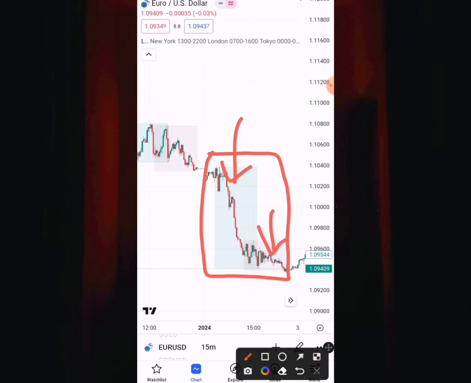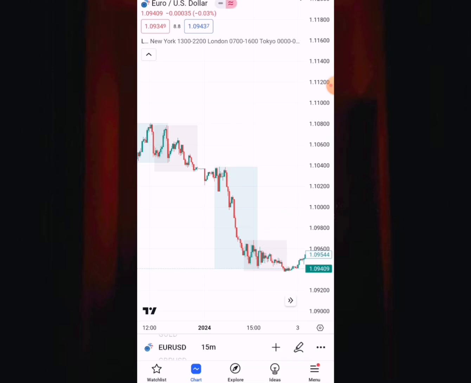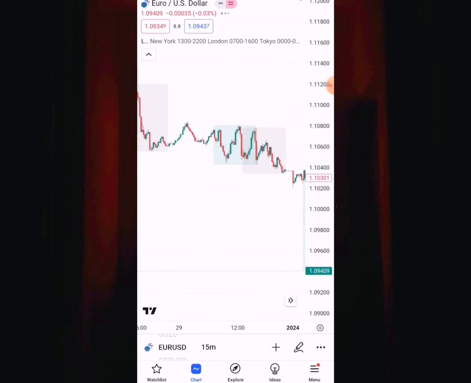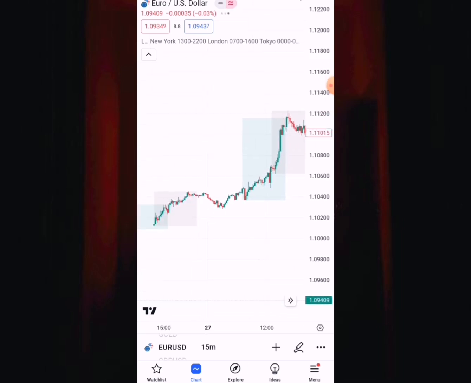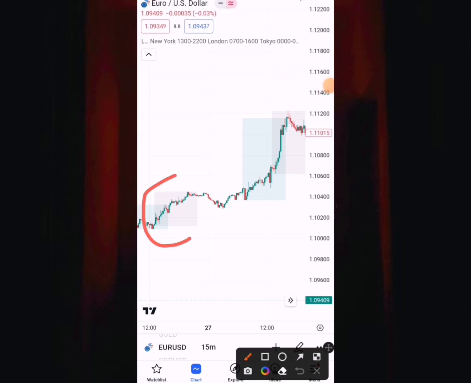You should research, based on your location, when the London session opens, and then 1 or 2 hours after the London session opens, you come and look for entries. Let me show you a few more examples that these pairs will move during the London session. Notice that price moves right there in those boxes, then it's ranging, and then it moves again in those boxes.